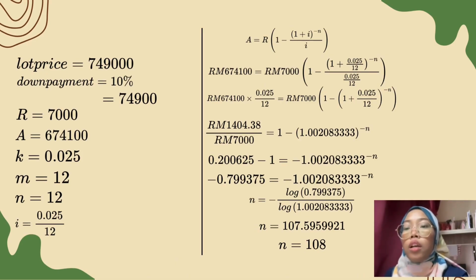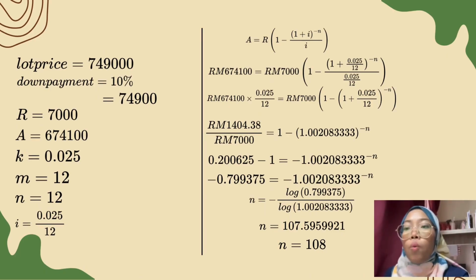So all the information we include in the formula, which is 674,100 equals R, which is 7,000 bracket 1 minus bracket 1 plus 0.025 divided by 12 bracket to the power of negative N, divided by 0.025 over 12 bracket. 674,100 multiplied by 0.025 over 12 equals 7,000 bracket 1 minus bracket 1 plus 0.025 over 12 bracket to the power of negative N bracket.